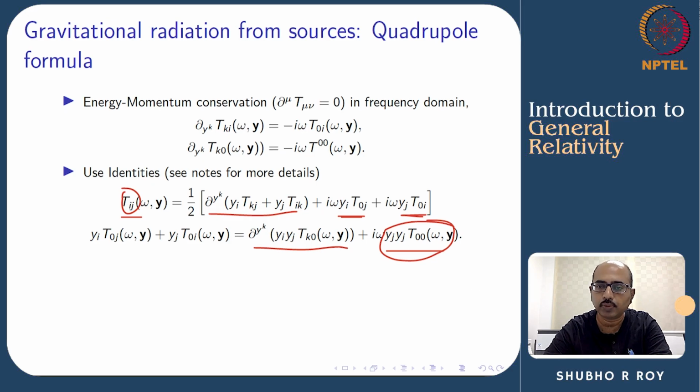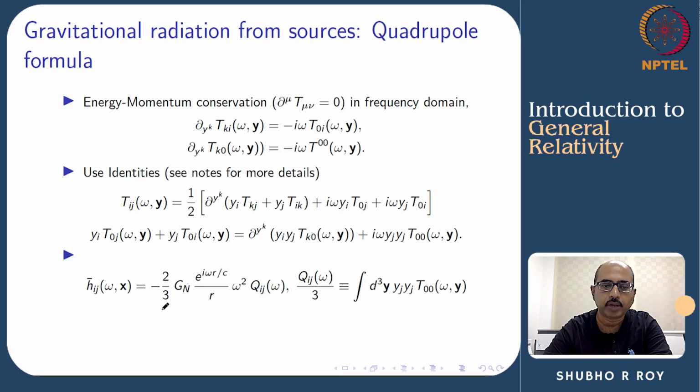Okay, once we are done with that, we can write down the trace reversed perturbation in frequency domain in the radiation zone, and it will turn out to be given by this formula. As you can see, there is an omega square factor here, and there is this Qij, which is the quadrupole moment of the energy density of the source, T00.